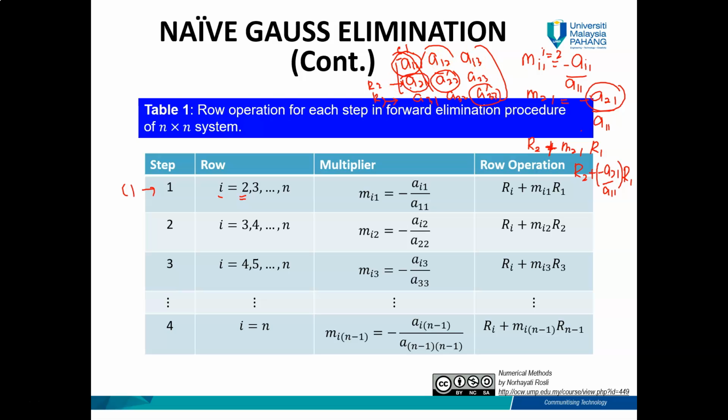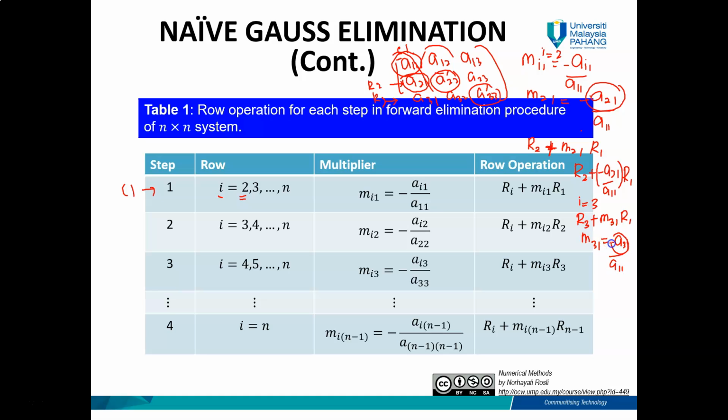Then class, we have row number 3, which means i equals 3. In this case, we will have R3 plus M31 R1, where M31 is equal to negative A31 divided by A11.